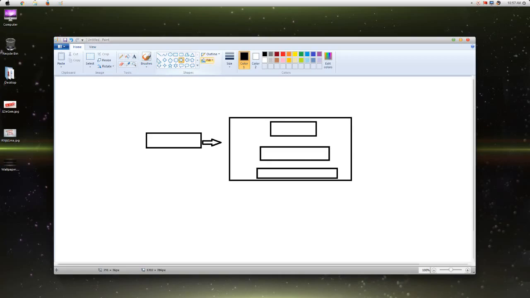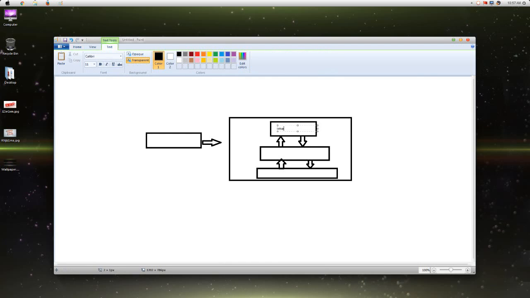In the memory part, it will give and take from the processor. This is the processor, and the processor will also give to storage and take from the storage.